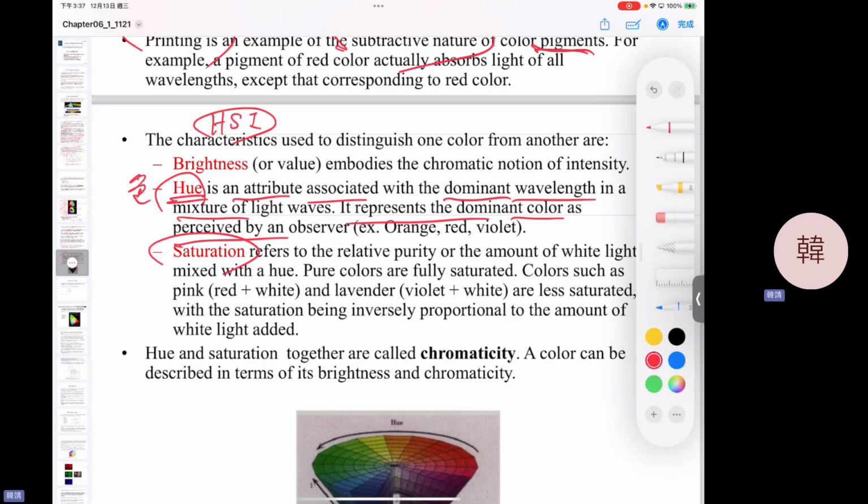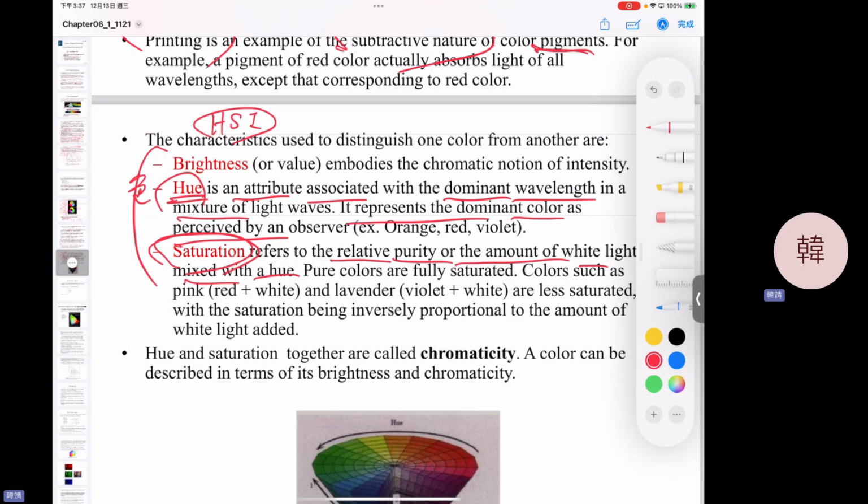I don't know what color you are talking about, but you can say it's light blue or light brown. So for color description we use the HSI model. S is the saturation. Saturation is the relative purity, the amount of white light added to the hue. The hue is the pure color, like red or blue.